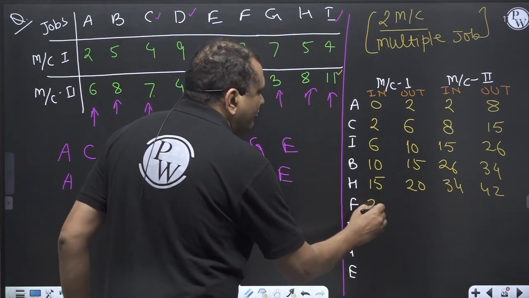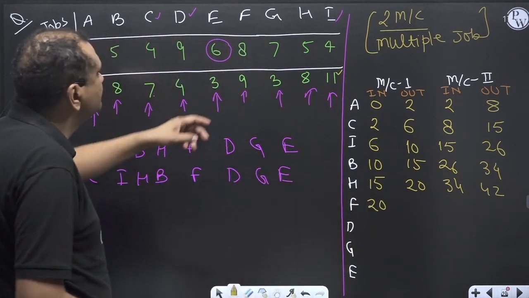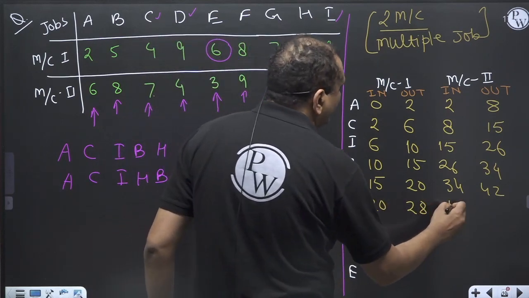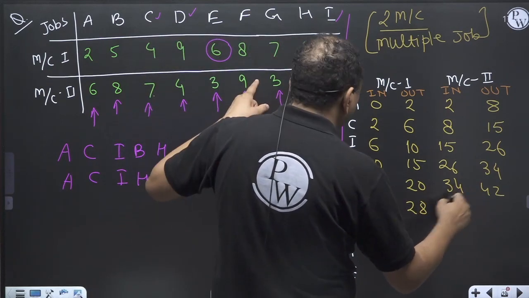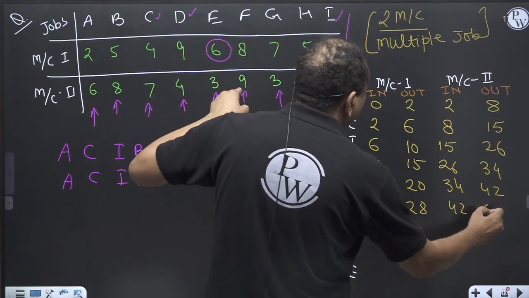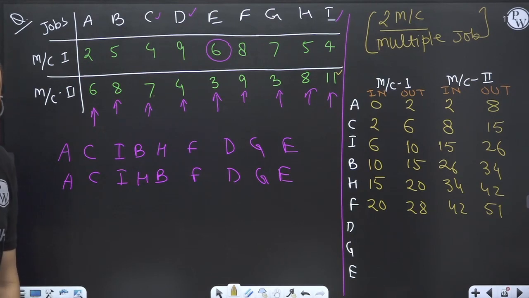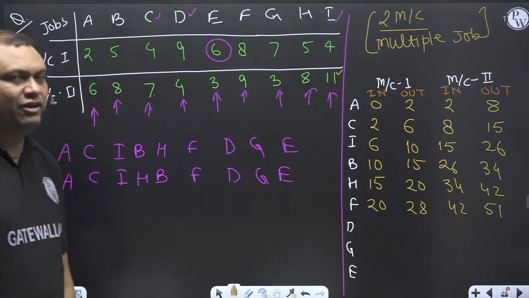F will enter after 20 minutes in machine 1 and consumes 8 unit time, so 28. And it will enter 42. F 9, so 51. Correct now? The same procedure I am doing; it is better if you do it on your own along with me.